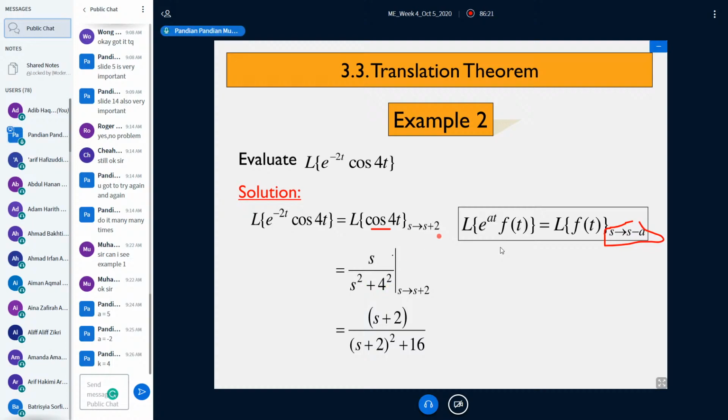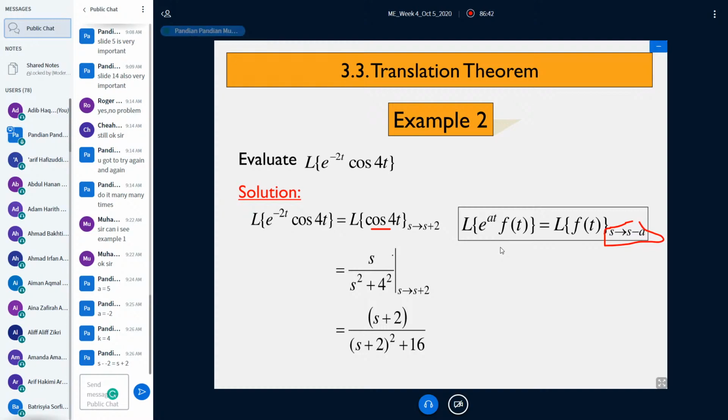But since s minus a is s minus (minus 2), s becomes s plus 2.